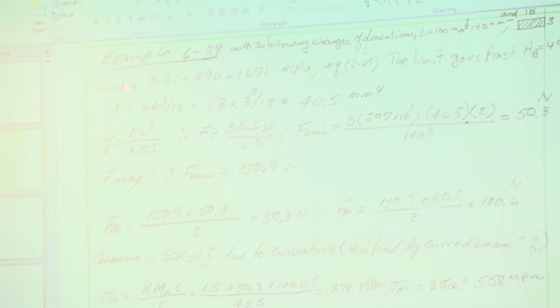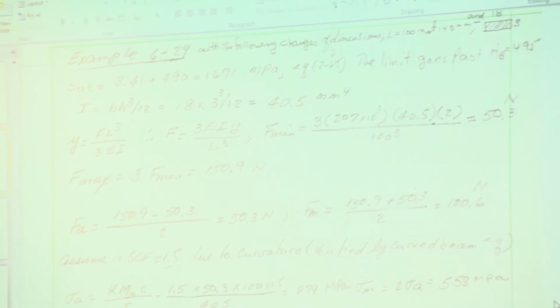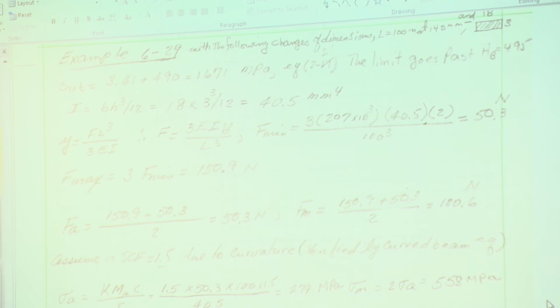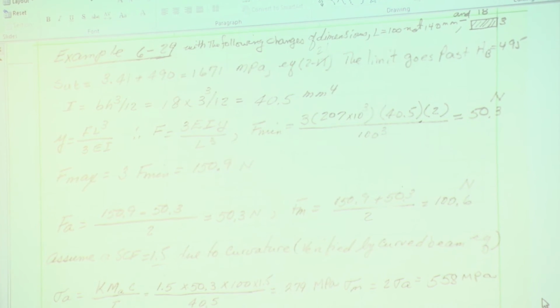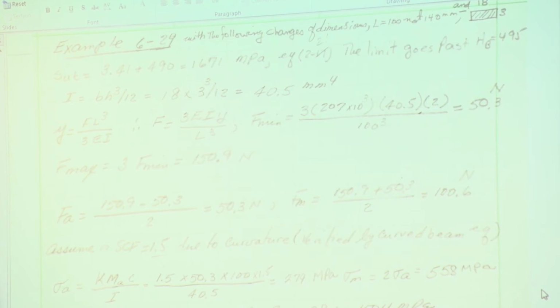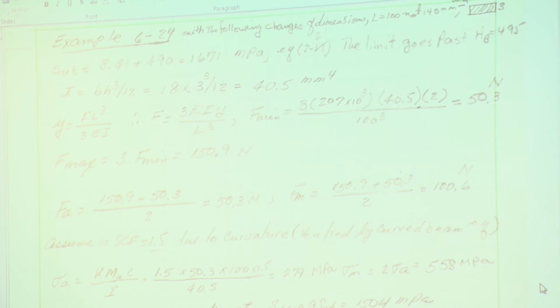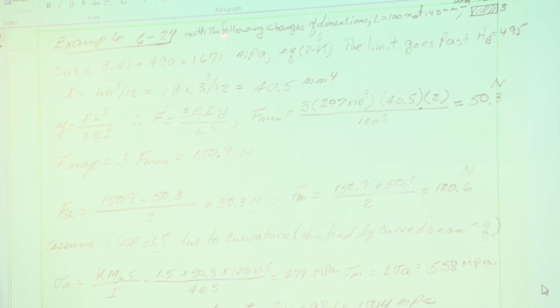SUT equals 3.41 times 490. This is the relationship between the tensile strength and hardness in the metric system. It's the same as 0.5 HB in the English system. So 1671 MPa is the tensile strength of the material.